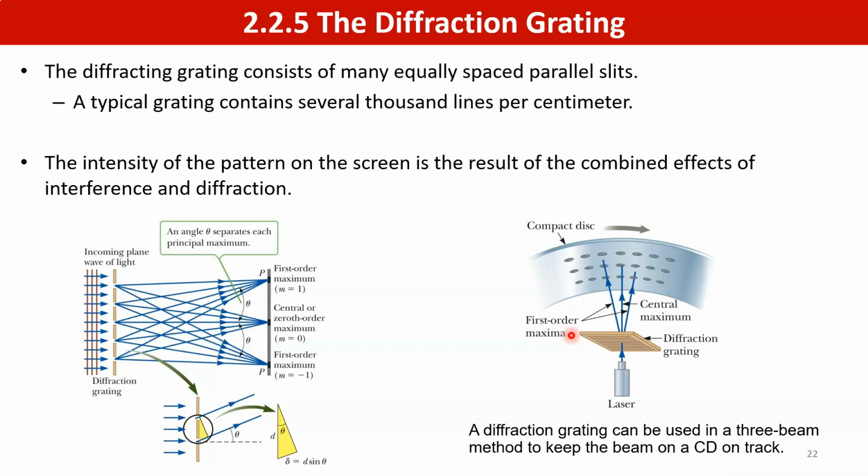Actually the data will be transferred to the disc optically, not electronically, by light. We store the data and then we interpret the data optically, not by electrons or electronics. A diffraction grating can be used in a 3-beam method to keep the beam on a CD on track.